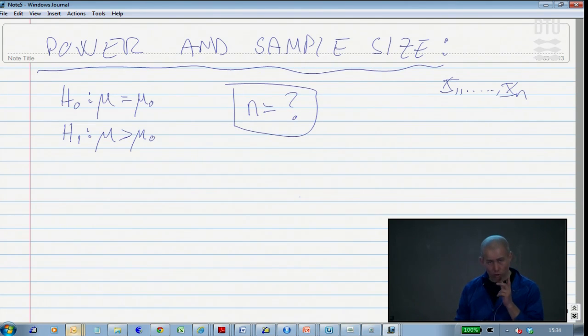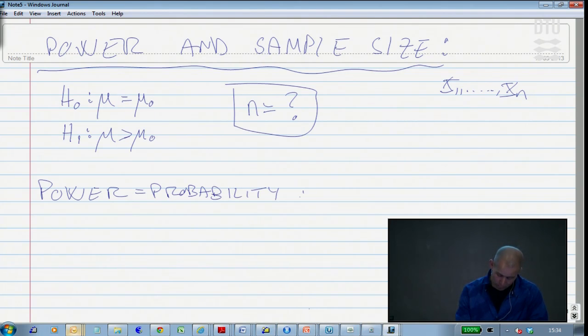Well, to answer this question, we should consider what we call the power of the test. So this is something we use in the planning phase. What is the power of a hypothesis test? The power of a hypothesis test is the probability of rejecting the null when we should, I mean, when the alternative is really true.